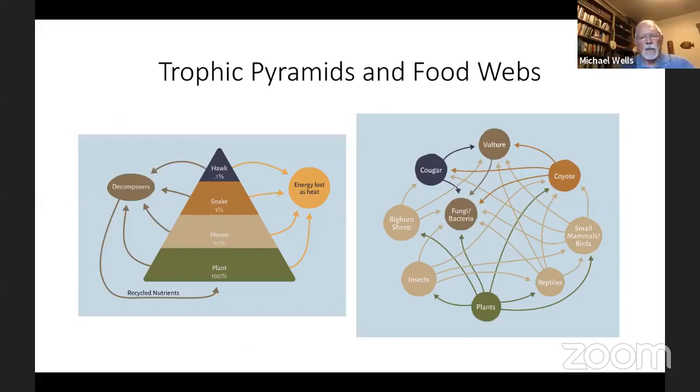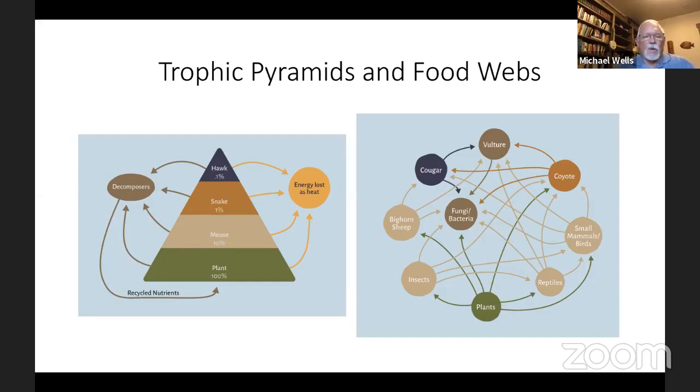And we talk about how energy as food moves through an ecosystem. And the foundation of all ecosystems, in terrestrial ecosystems, are green plants that produce food. And then there are herbivores that eat the plants, and then carnivores that eat the animals that eat plants.